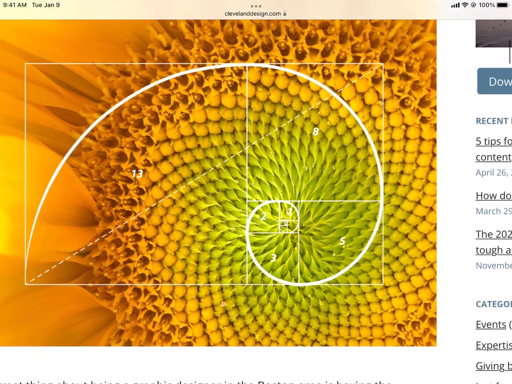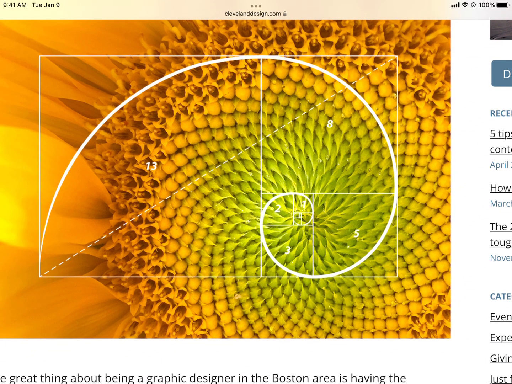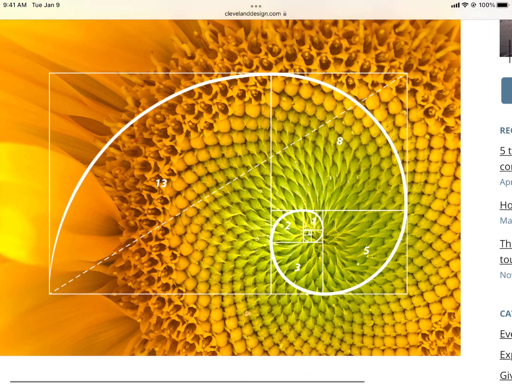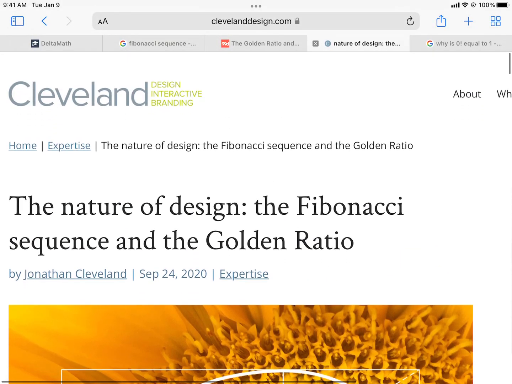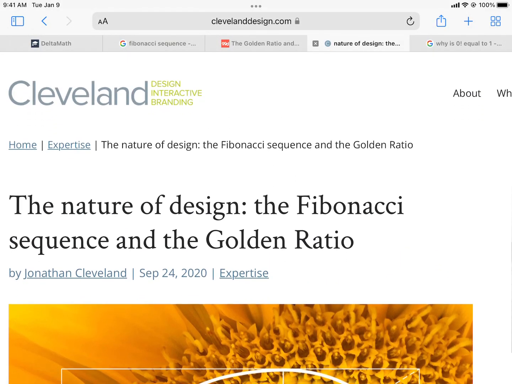Okay, and you can kind of see that the makeup of this flower, you have this spiral pattern to it. And that's just one of many natural applications to this. I also found that there's a lot of graphic design principle where the golden spiral is utilized as well. All right. So if you're intrigued by that, maybe research it a little bit more.